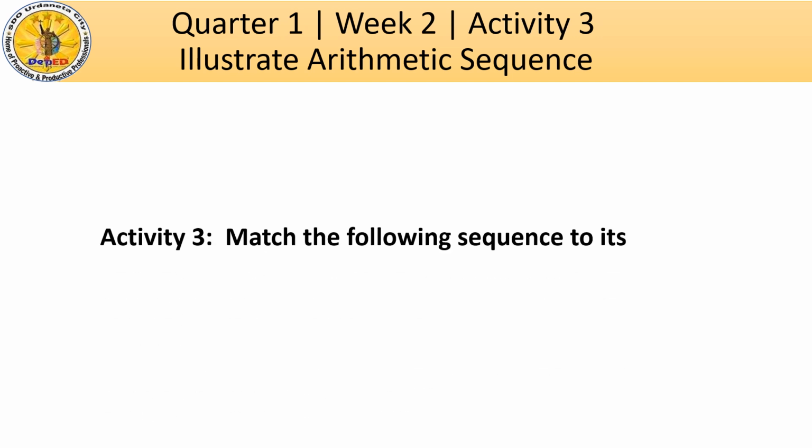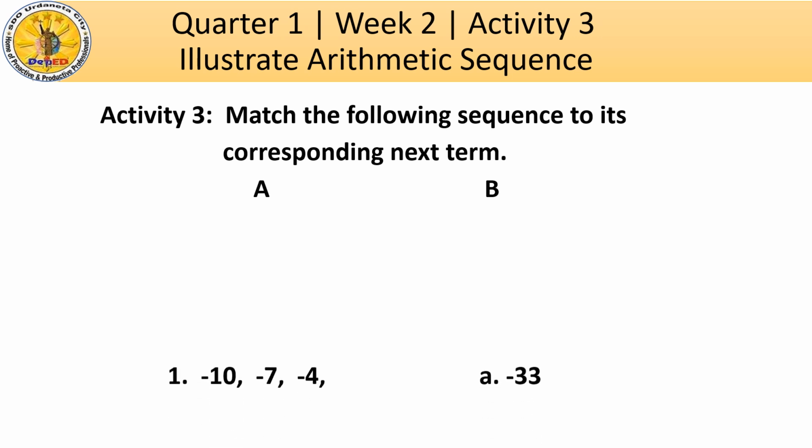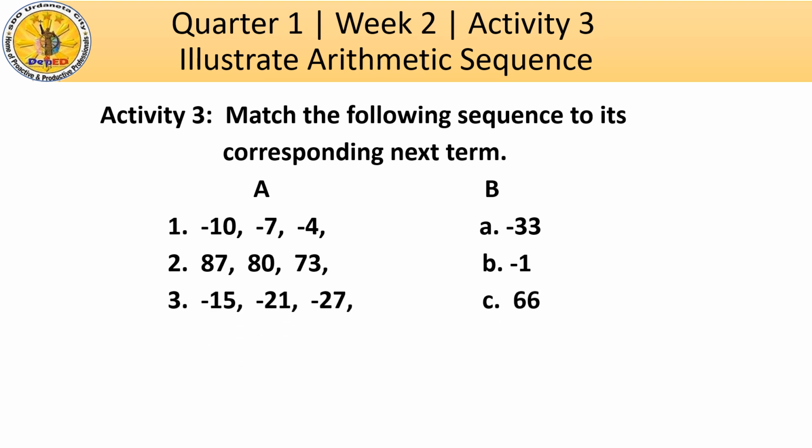Activity 3. Match the following sequence to its corresponding next term. We have your A and B. In number 1, negative 10, negative 7, negative 4; number 2, 87, 80, 73; and number 3, negative 15, negative 21, negative 27.